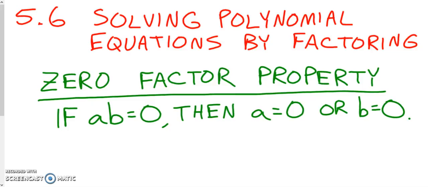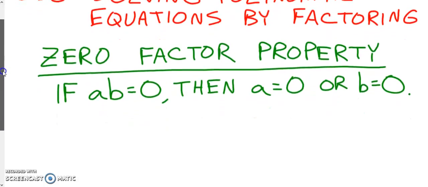Now that's a logical OR, so they could potentially both be 0, but at least one of the two has to be 0. Whenever you want to solve an equation by factoring, you need to be sure that it's equal to 0 first. If it's not, you need to get it equal to 0. So let's do some examples.